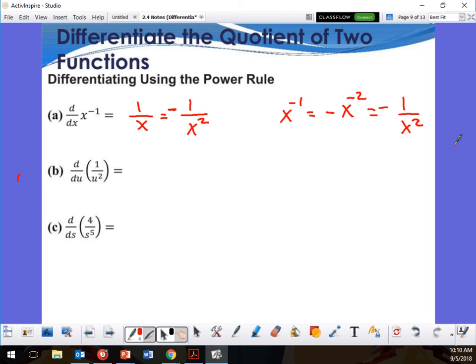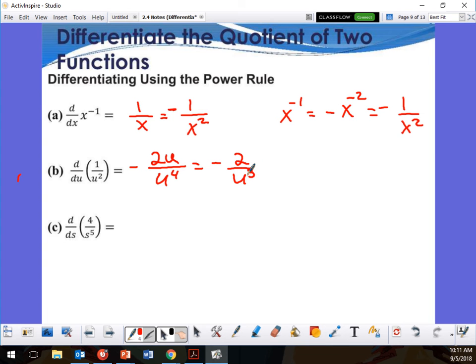Okay, same thing goes for this. So let's say, what's the derivative of this? 2u, so it's going to be negative 2u over g squared, which is u to the fourth, right? U to the fourth. Yeah, squared. And so it's going to give me negative 2 over u to the third.